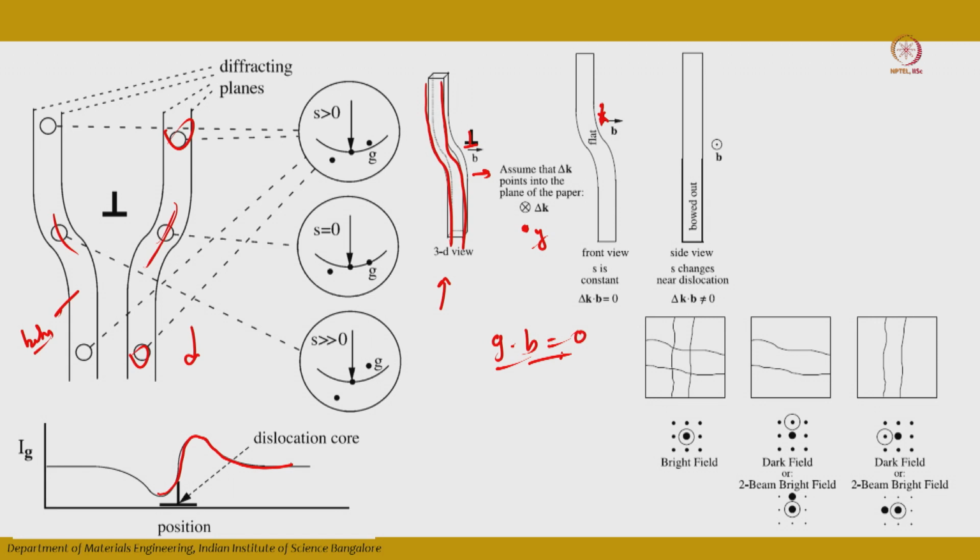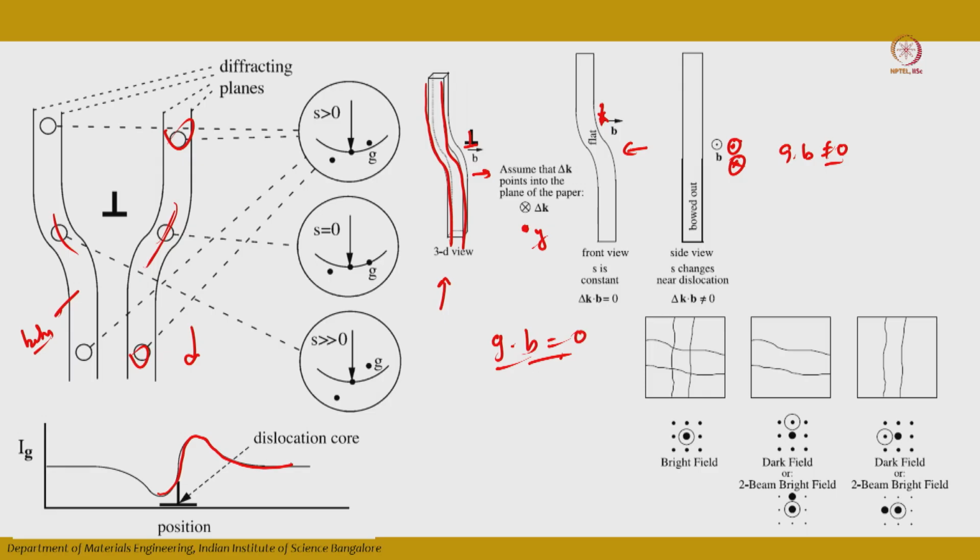It means in this case your dislocation will not be visible. But in this other condition, your G vector is not perpendicular to B, so G dot B is not equal to 0, and you will see the contrast.